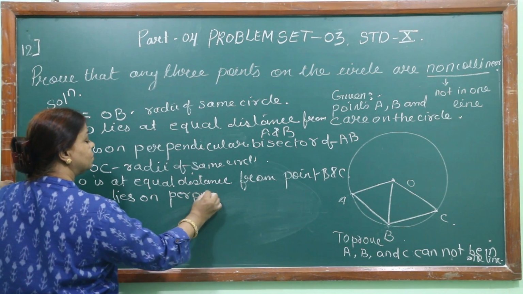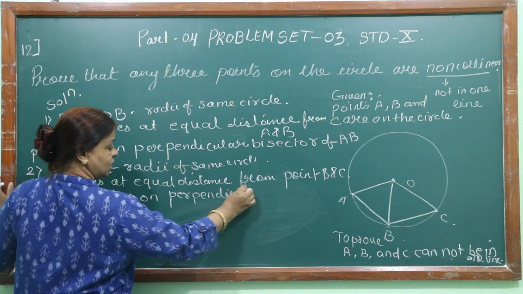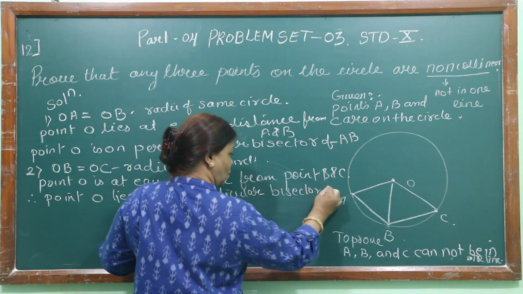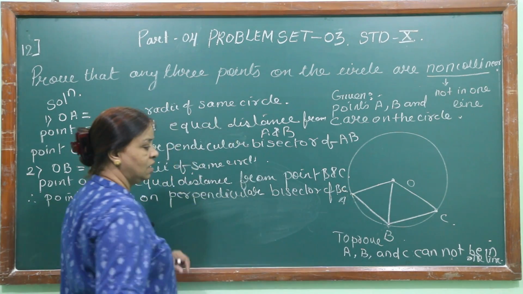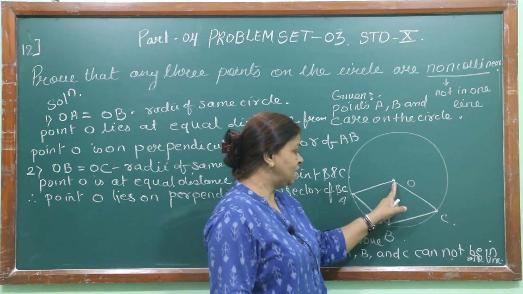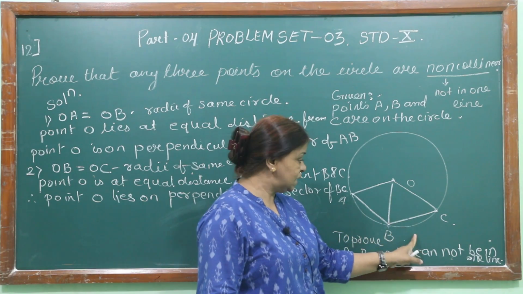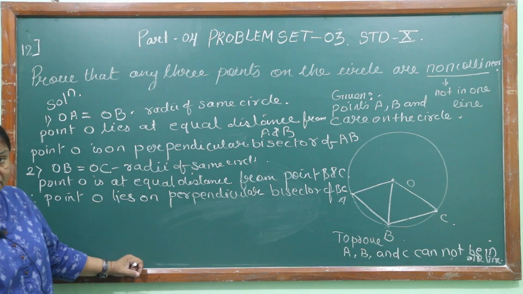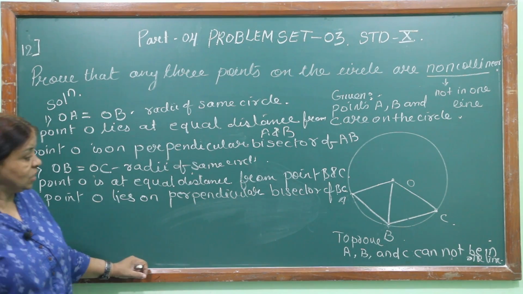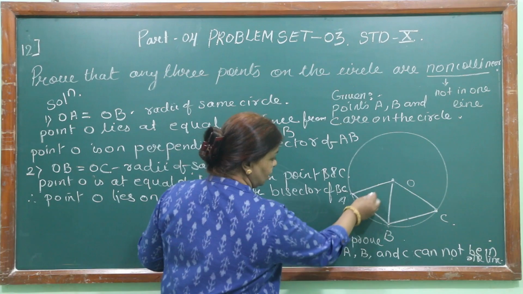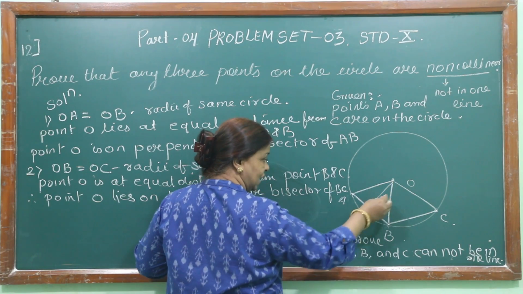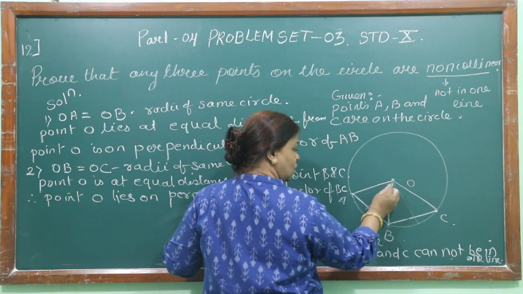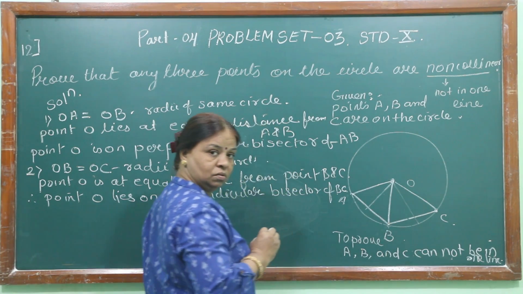Now I explained to you perpendicular bisector of BC. So point O is lying on the perpendicular bisector of BC. That means the perpendicular bisector of AB and perpendicular bisector of BC, if I draw this line and this line, this is the perpendicular bisector and this is the perpendicular bisector. So they are meeting at point O.